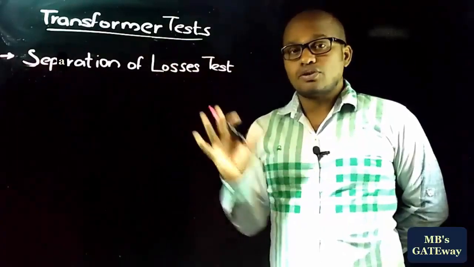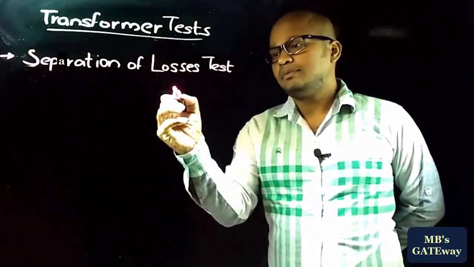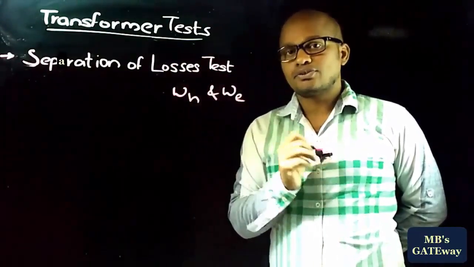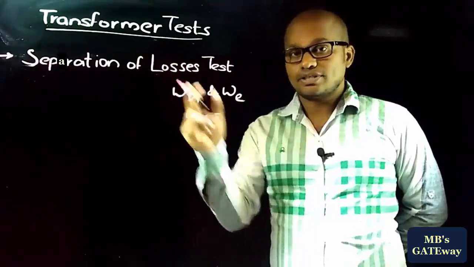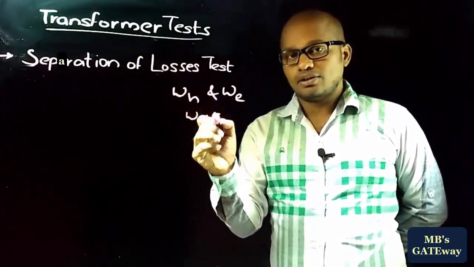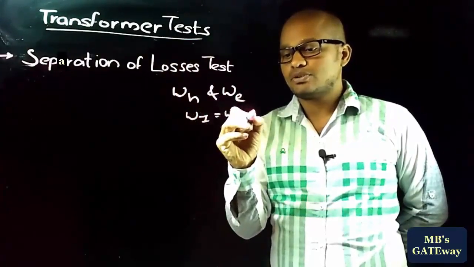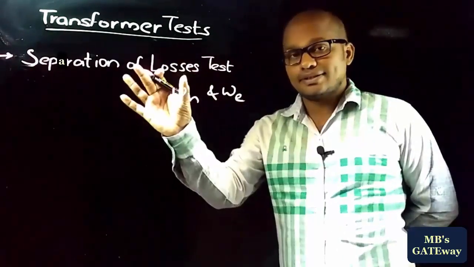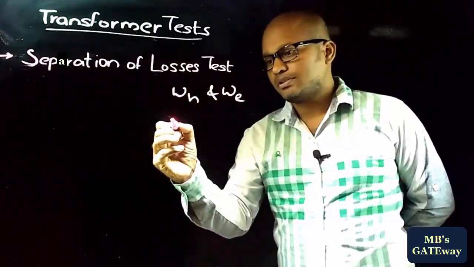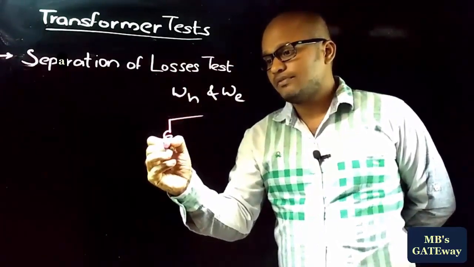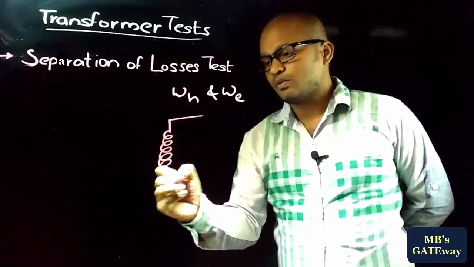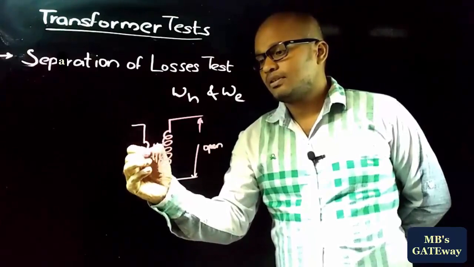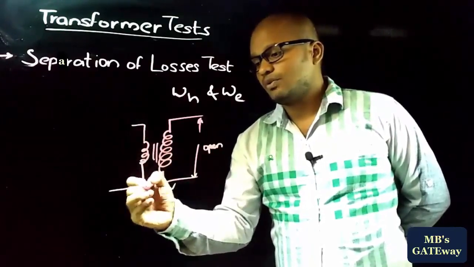Now, separation of losses test. This test is used to find the hysteresis losses and eddy current losses of a transformer. And why this is called separation of losses test means total iron loss of a transformer is separated into hysteresis losses and eddy current losses. The circuit diagram for this test is similar to that of open circuit test. In open circuit test, HV side is left open, and on LV side rated voltage is applied.